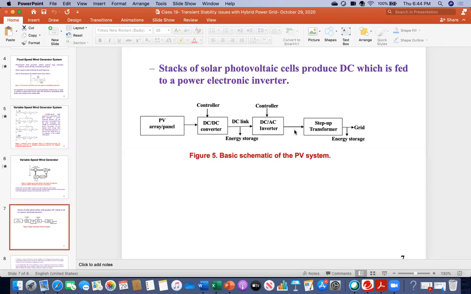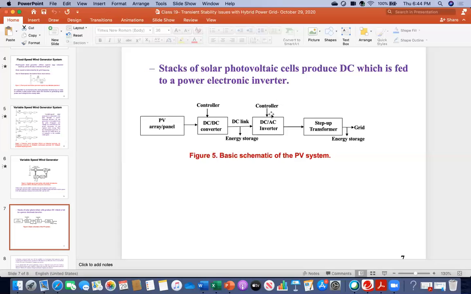So that controller will determine that. Of course, it is inverting from DC to AC, but you can say DC to AC with desired frequency and desired voltage. That desired frequency and voltage is being controlled with the help of that controller.